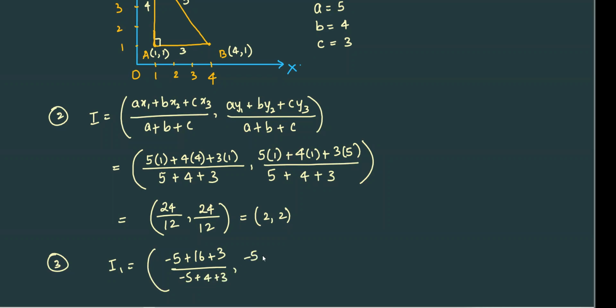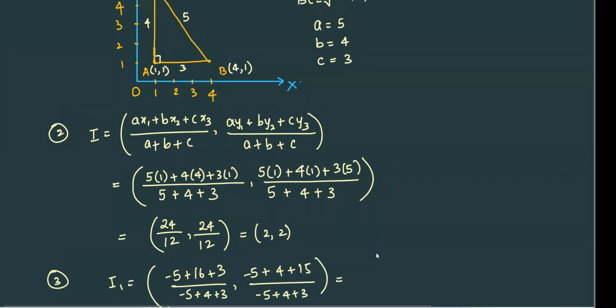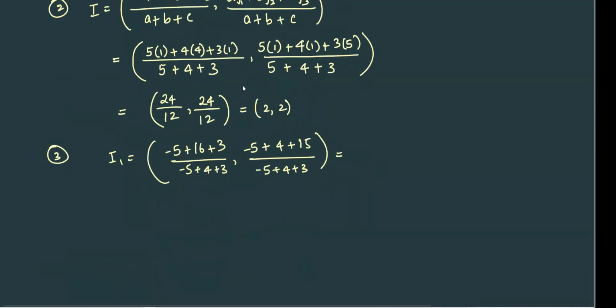Then minus 5 plus 4 plus 15 upon minus 5 plus 4 plus 3. So the numerator here we get 16 minus 5 is 11, plus 3, 14, upon minus 5 plus 4 is minus 1, minus 1 plus 3 is 2.